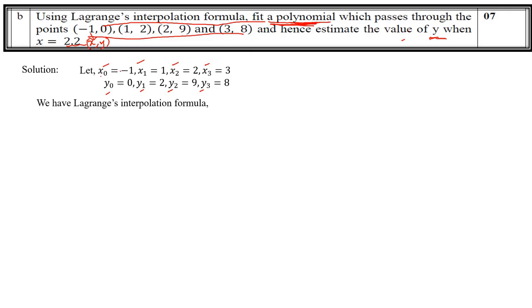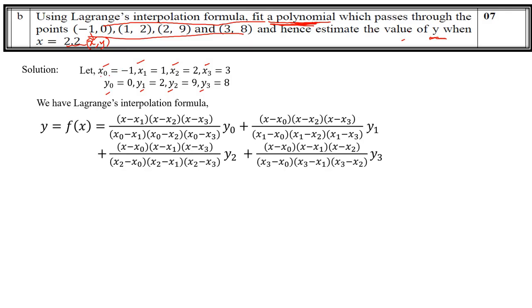Then we have Lagrange's interpolation formula as follows. y equal to f of x, which is equal to x minus x1 into x minus x2 into x minus x3, all divided by, replace this x by x0 in the denominator: x0 minus x1, x0 minus x2, x0 minus x3, into y0.